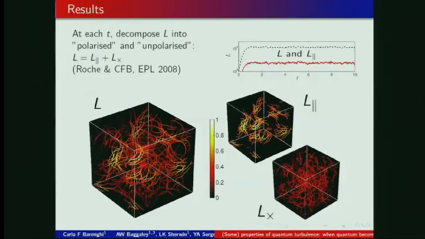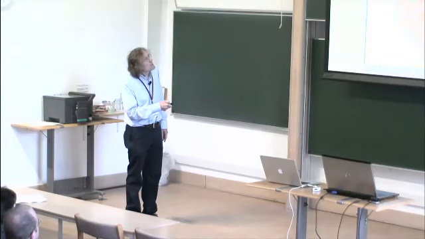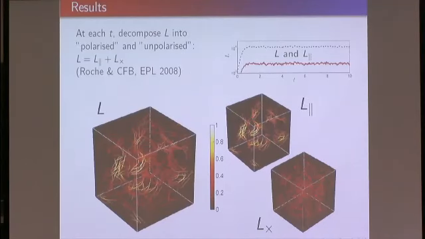At the right-hand side, you see the vortex lines which correspond to the coarse-grained, numerically defined vorticity, which is non-zero, which is large, and in the second picture at the right, the vortex lines which are randomly oriented. They are unpolarized.